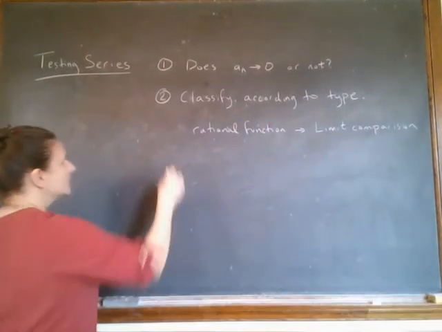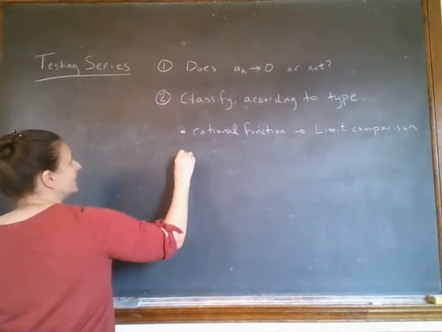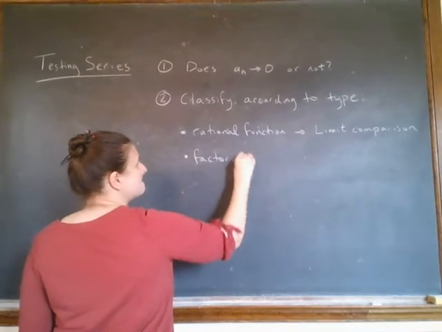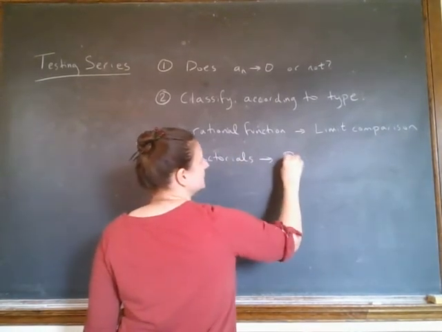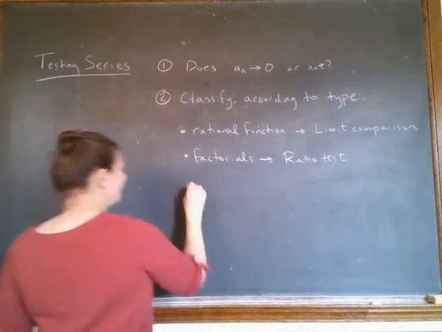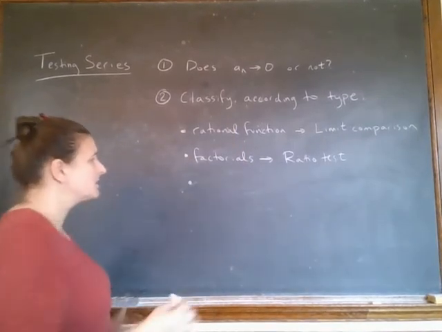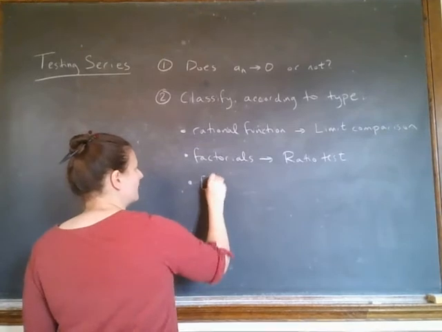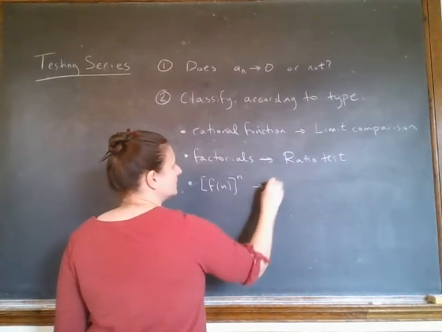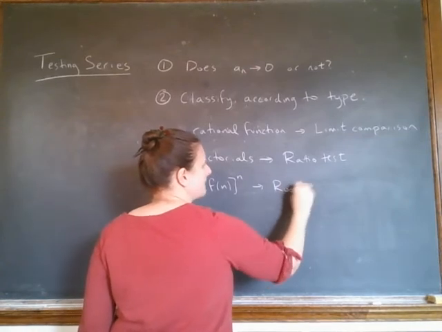Okay? So that's one thing. If I see factorials involved, I immediately use the ratio test. If I see powers, a function to the n, I'm going to use the root test.